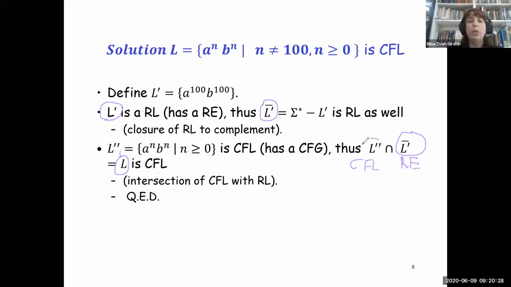Here we have all the words with the following structure: the number of A's in the prefix equals the number of B's in the suffix. When we performed the intersection operation, we have the language L with this structure, and the only word A in power of 100, B in power of 100 is missing. So we know that the resulting language is our language L.